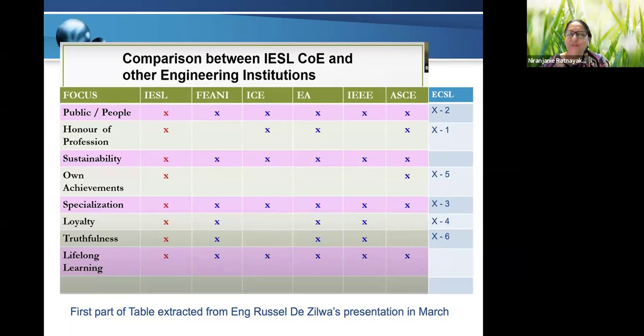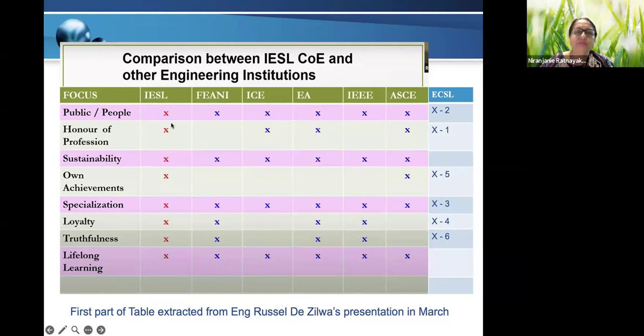However, because to be registered in the ECSL you have to be in the IESL, what do you think? Is there a conflict? Now I need you to say something. Can you unmute and say something?